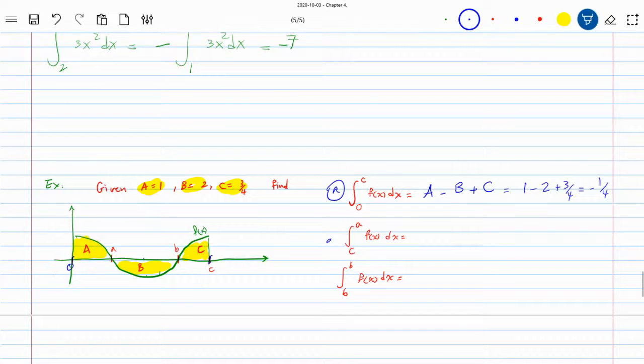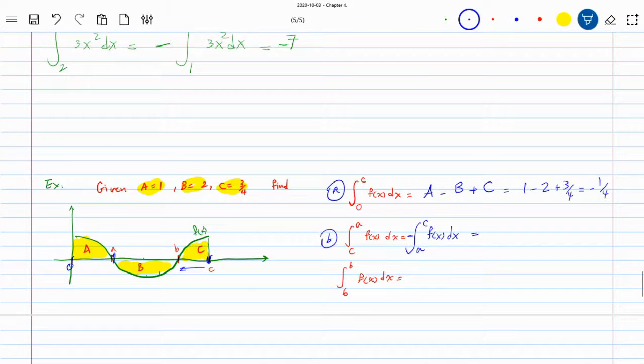How about part B? The integral from C to A of f of x dx. From C to A, it says from here to A. If you notice that you're going backward, you're given the opposite order. So first, rearrange it as A to C of f of x dx. If I do that, I should multiply by negative.